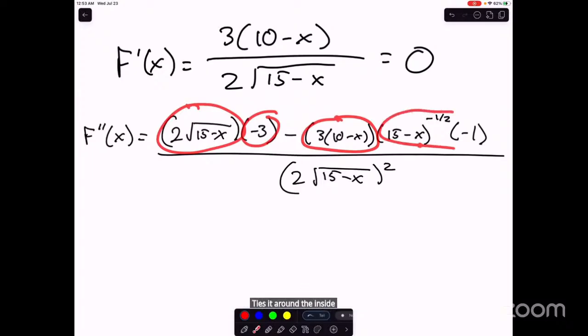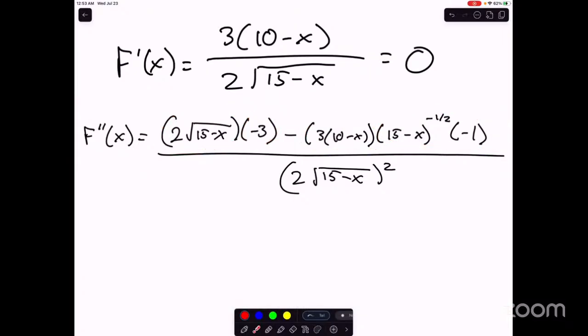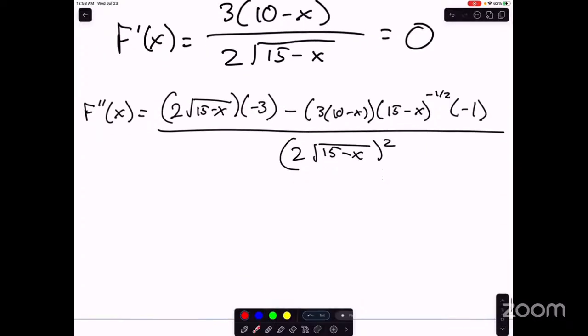So that's the derivative of the bottom, all over the bottom squared. Okay. Let me see. Okay, we need to try to simplify this. 10 minus x, okay.